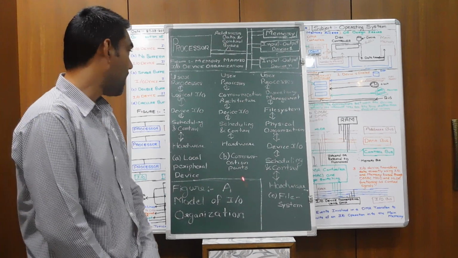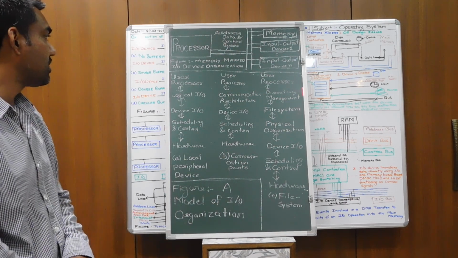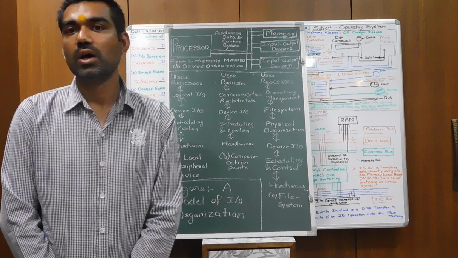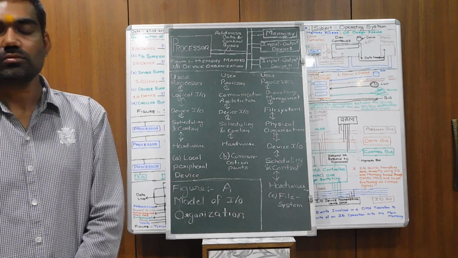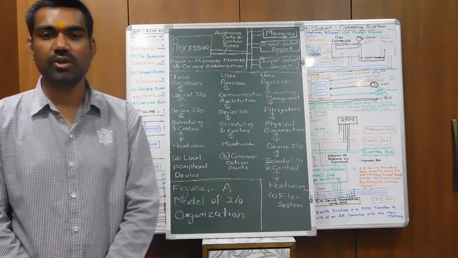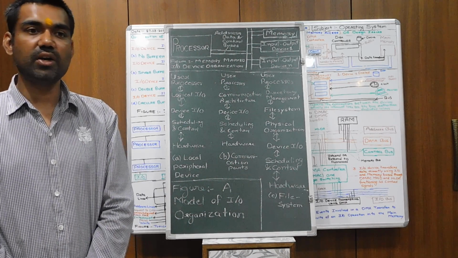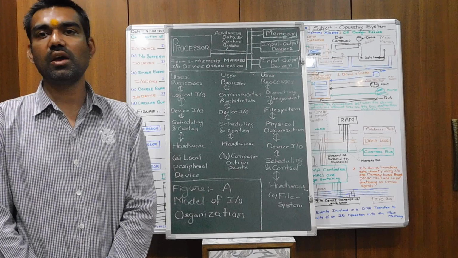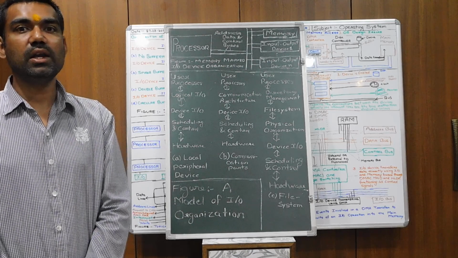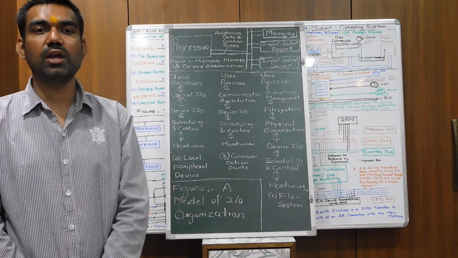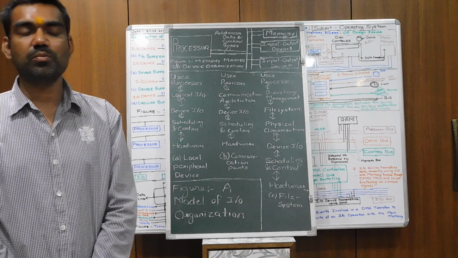So coming back, what operating system designers do is they form levels. Various IO devices are there, and depending upon the nature they portray, layering happens.